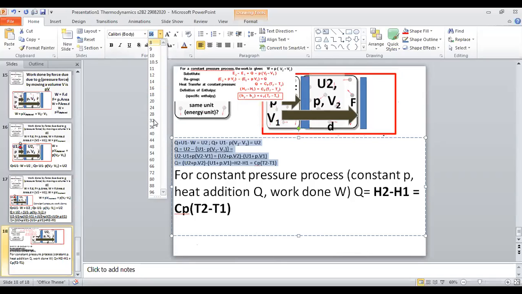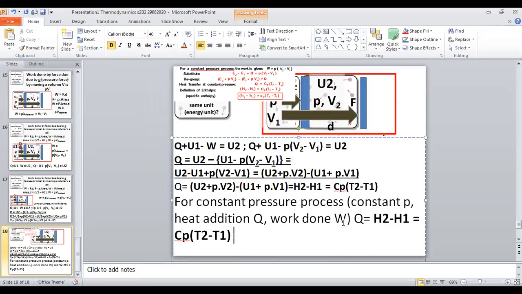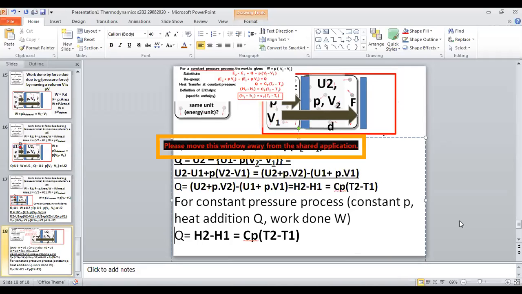Okay, constant pressure process. At constant pressure, because of the addition of heat, expansion is there. That is one thing.